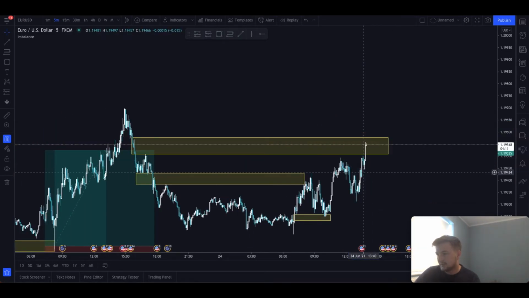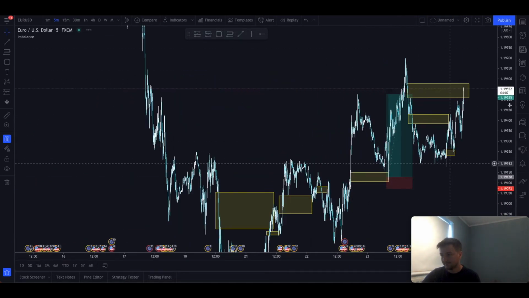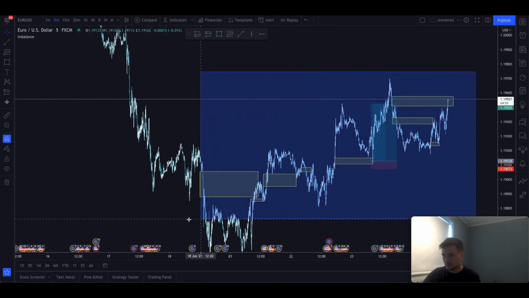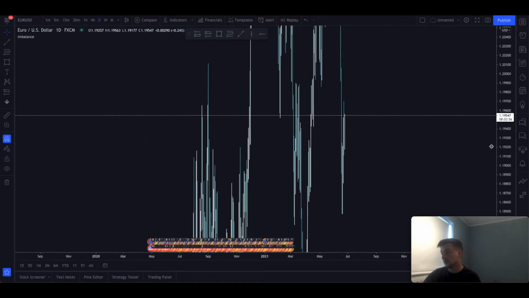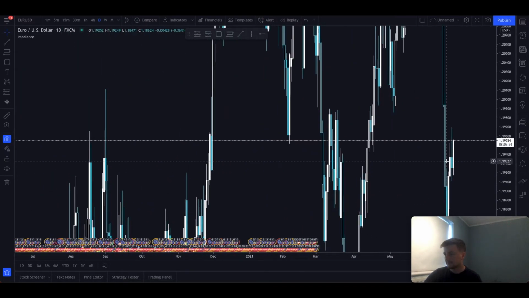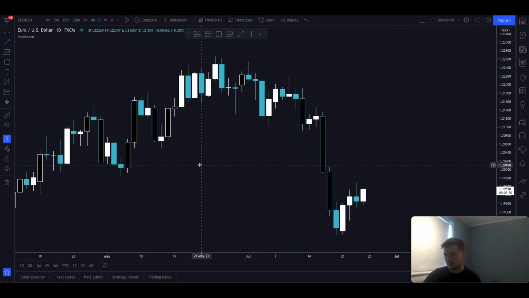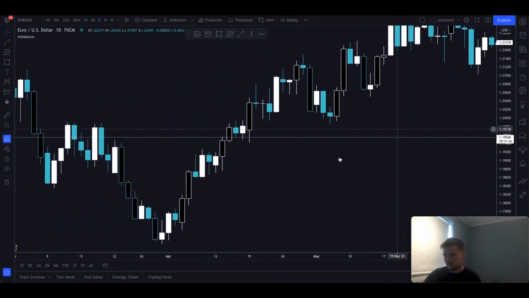But yes, right, so you can expand on the imbalance by using the daily chart. Now, let me show you what I mean by this. If I delete all of this, this doesn't only apply to the daily chart, it's just the one I like to use it on. Let me try and find an example of where this would apply.